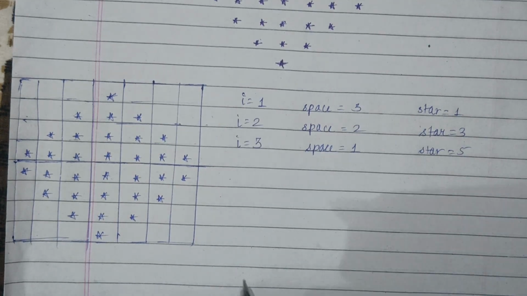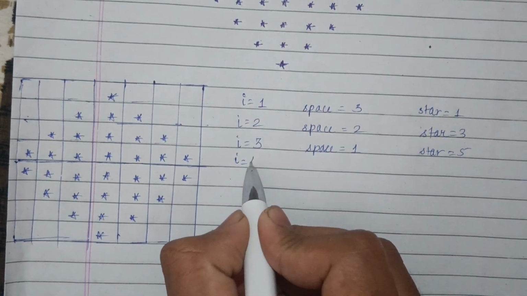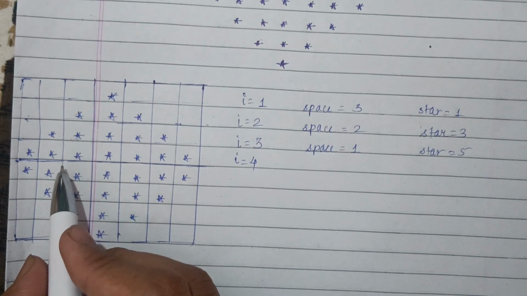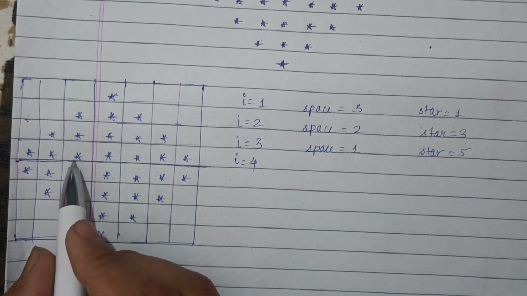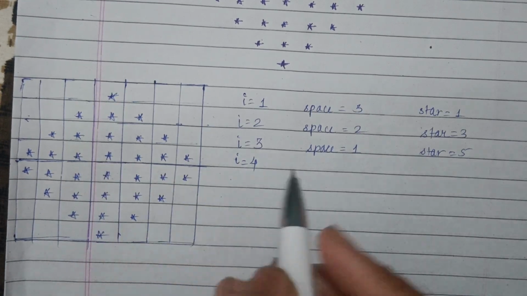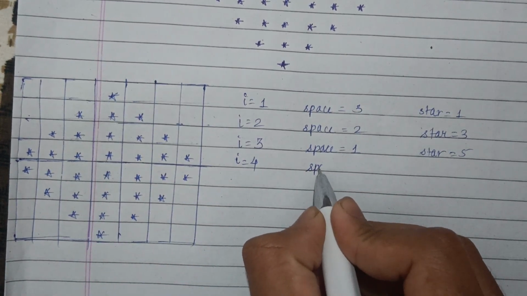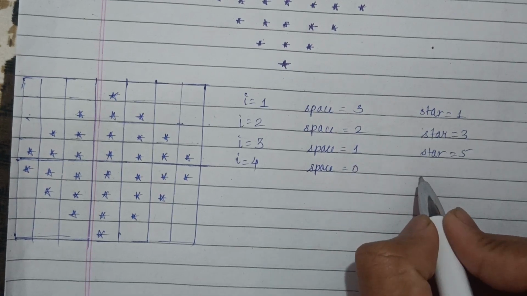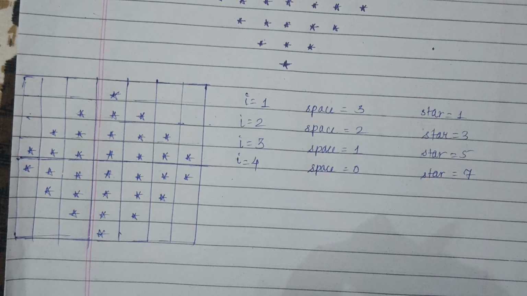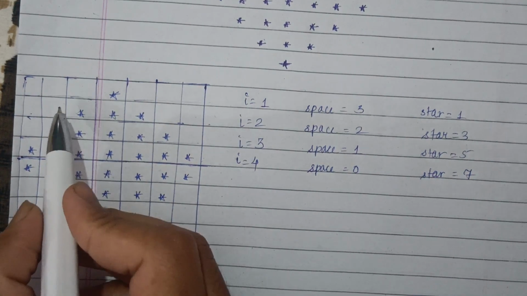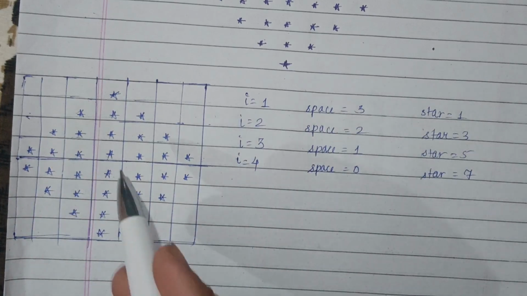Now in line number 4, how many stars are there? 1, 2, 3, 4, 5, 6, 7. So the number of spaces will be 0 and stars will be 7. Now we have to print first spaces, then we have to print stars.